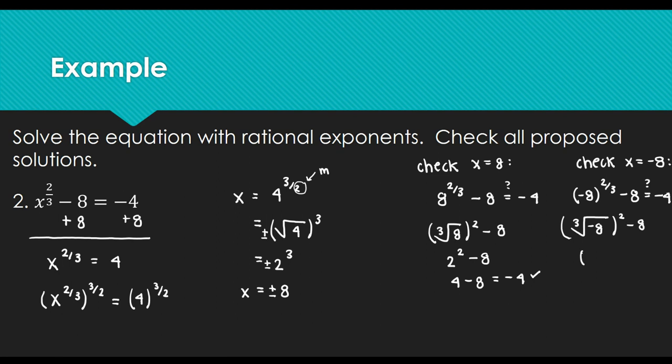When I take the cubed root of a negative, I'll get a negative. That becomes negative 2. But notice how it's becoming then that quantity being squared. So that does still become 4, and 4 minus 8 does give me negative 4. So that's why it checks out that when you have your m value when it's an even number, that's why you have 2 solutions there. So both a positive and a negative 8.